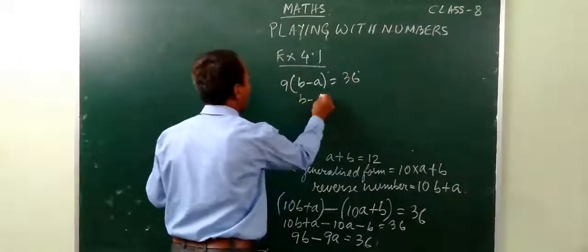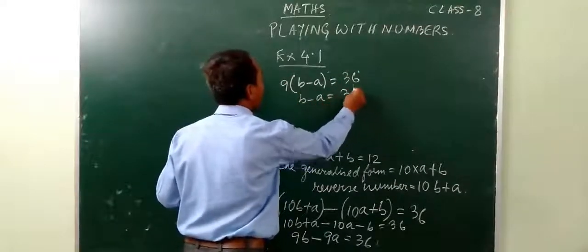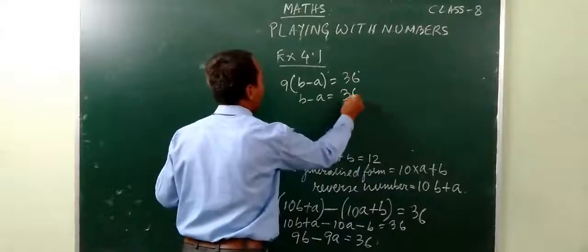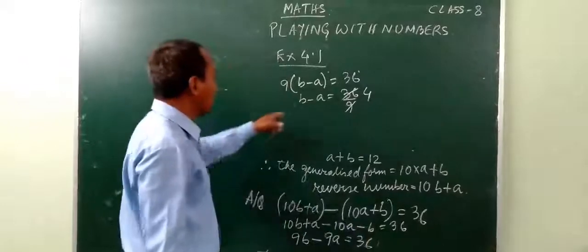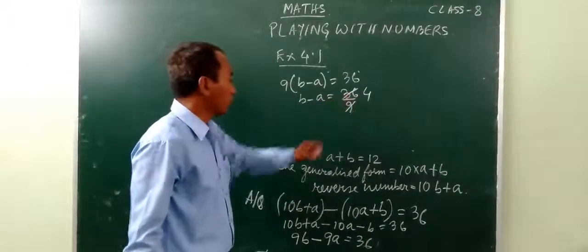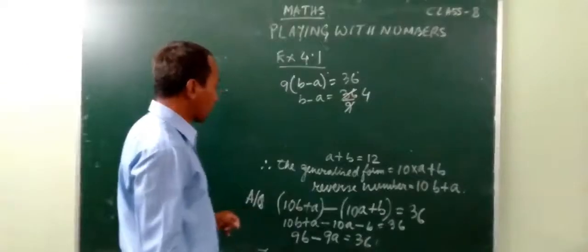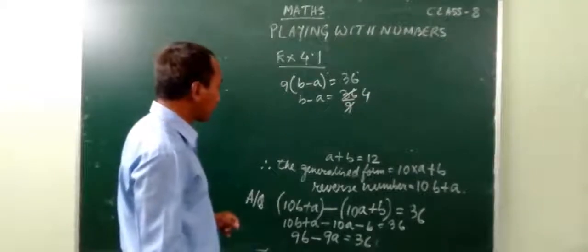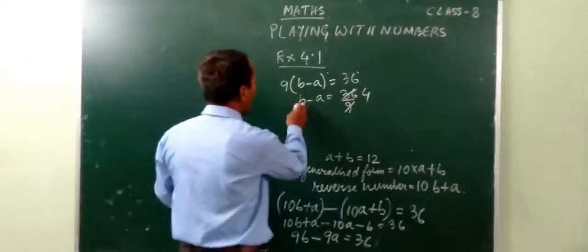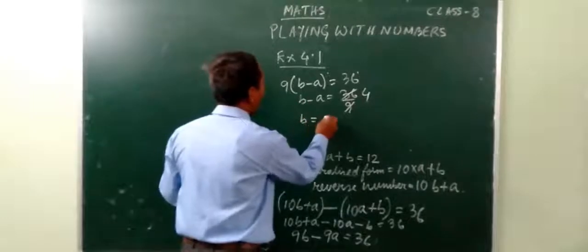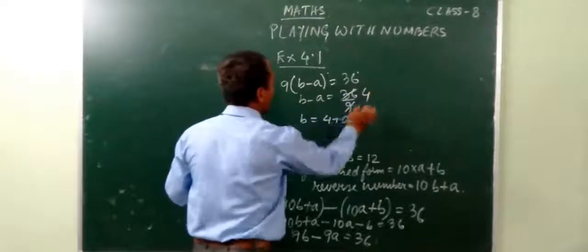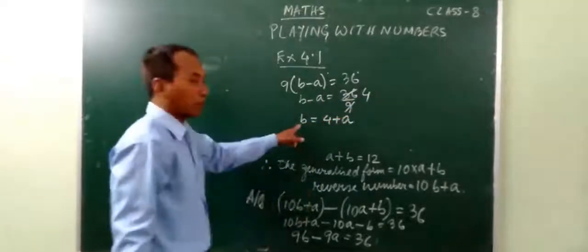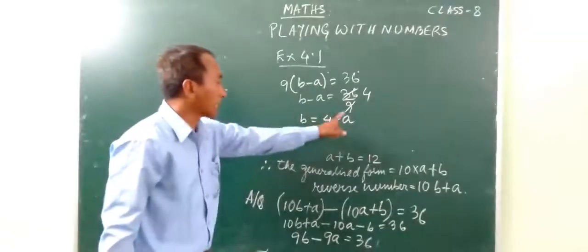So b minus a is how much? 36 divided by 9 is 4. So b minus a equals 4. Keeping b, if you take minus a to the other side, b is 4 plus a.